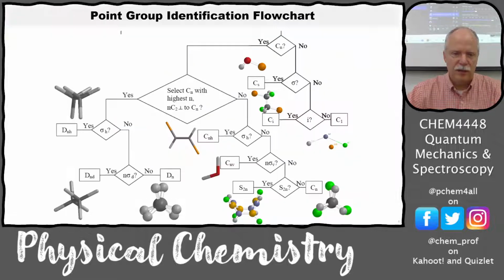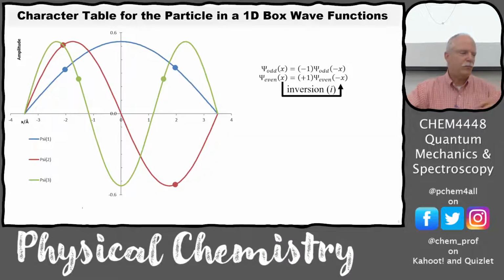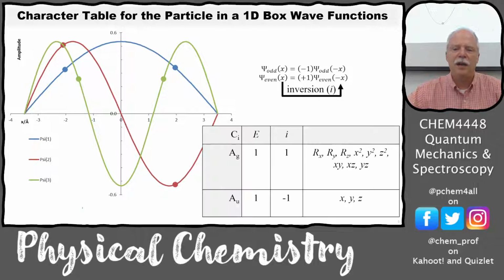the lecture and talk about why we care about point groups. So let's assign the point group for this particle in a 1D box wave functions. We looked at the symmetry last time of even and odd, but now we can look at the symmetry elements. We have identity.